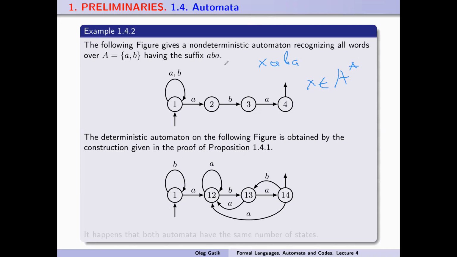Any word of such form we can get as the label of the automaton from this picture. Good. Next. It happens that both automata, the first and the second, have the same number of states.